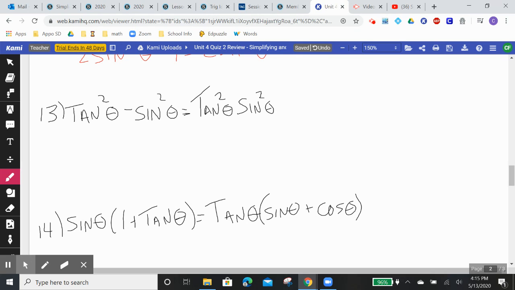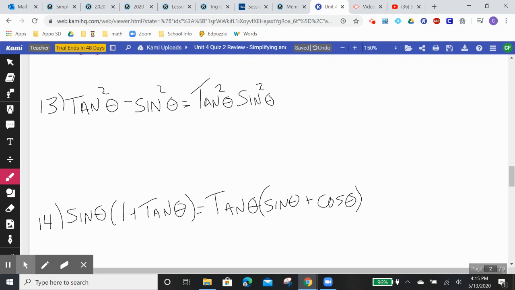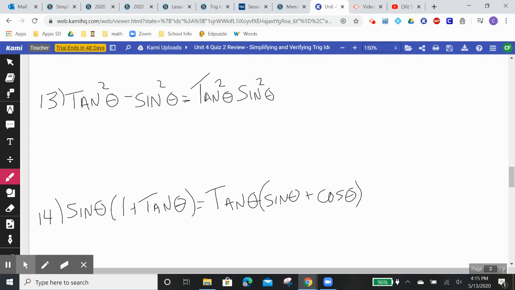So number 13, we have tan squared minus sine squared equals tan squared times sine squared. So think about this problem. Again, you have subtraction, you have multiplication. Probably going to want to work with the subtraction. Let me think ahead here real quick.